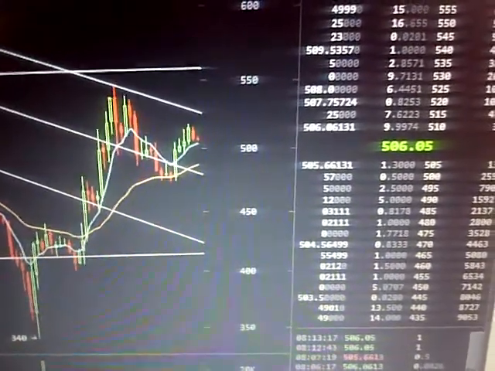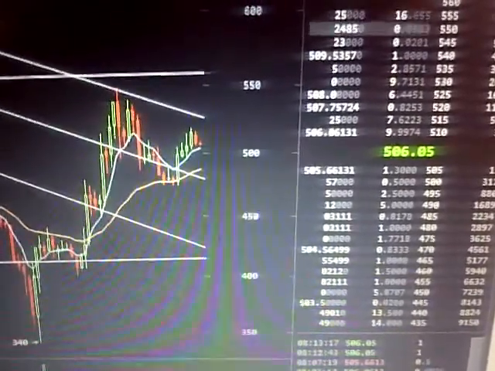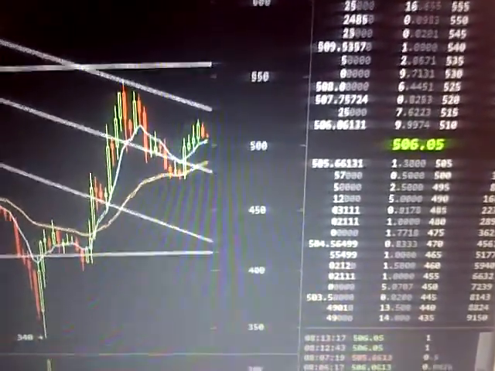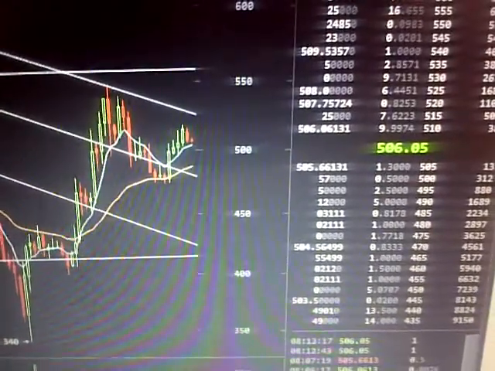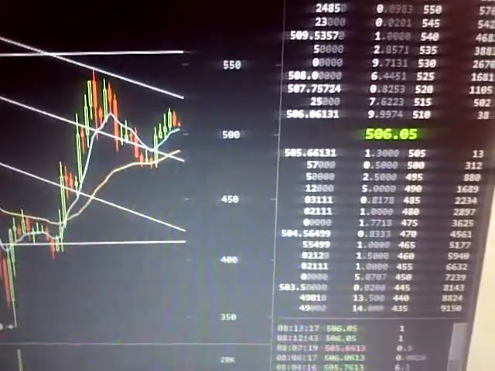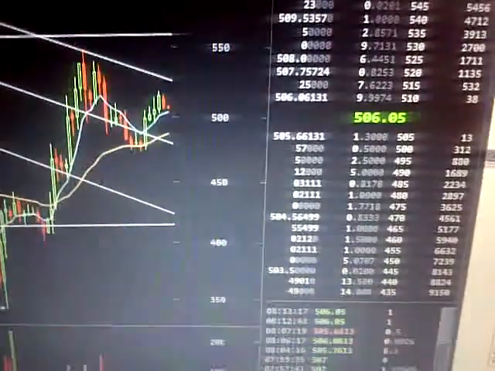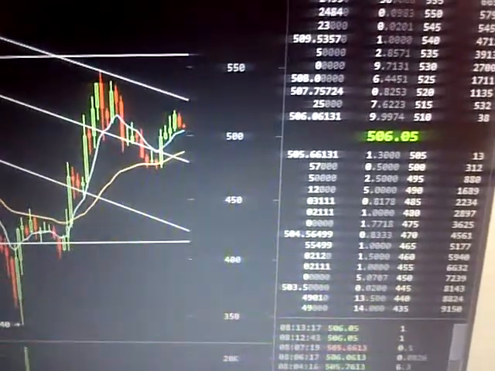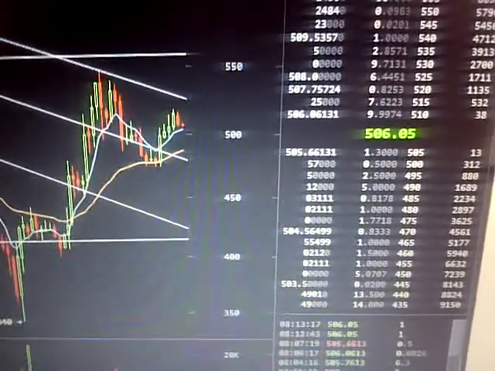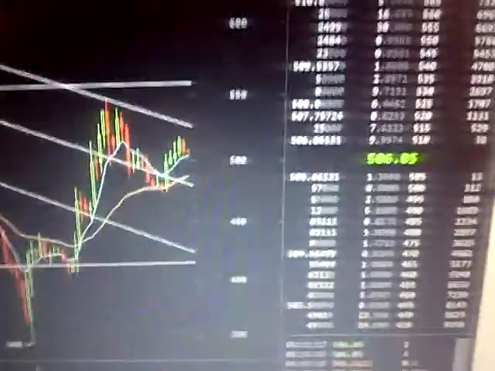If you're comfortable setting a price on what you want to buy above or below the current price, you can do that, and then you don't have to be at your computer all the time. If you're comfortable with that strategy, you shouldn't have to constantly be at the computer sweating bullets, trying to figure out when to buy, when to sell, when to push that button again, and again.